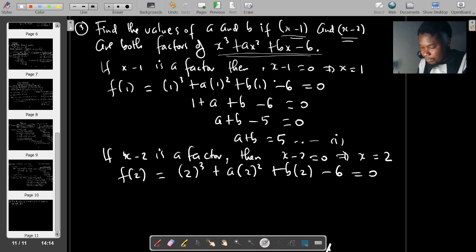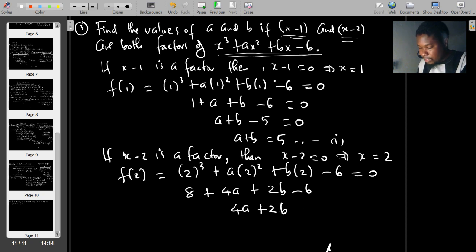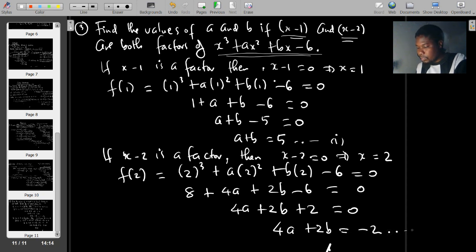And so this becomes 8 plus 4a plus 2b minus 6. 8 minus 6 gives us 2. This should be equal to 0, therefore 4a plus 2b equals negative 2. This is our second equation.